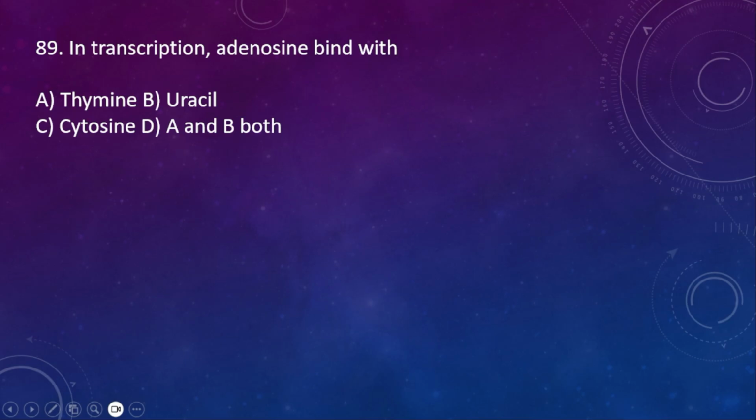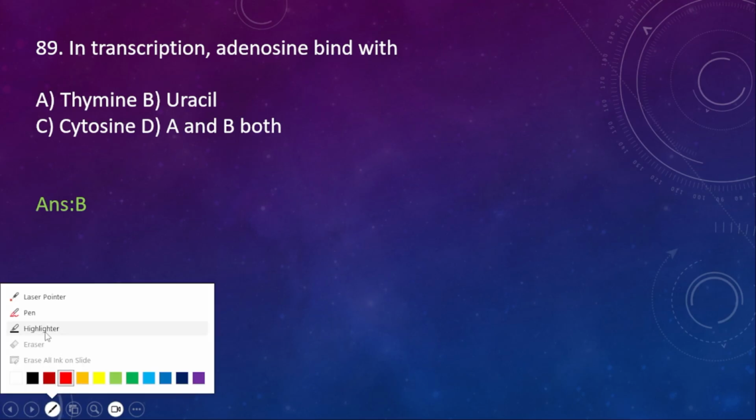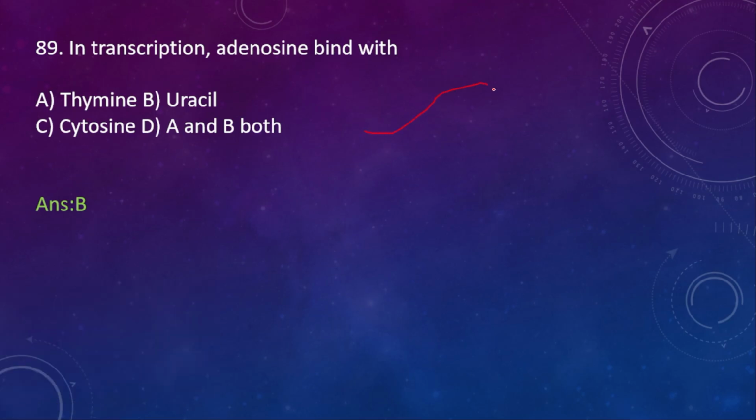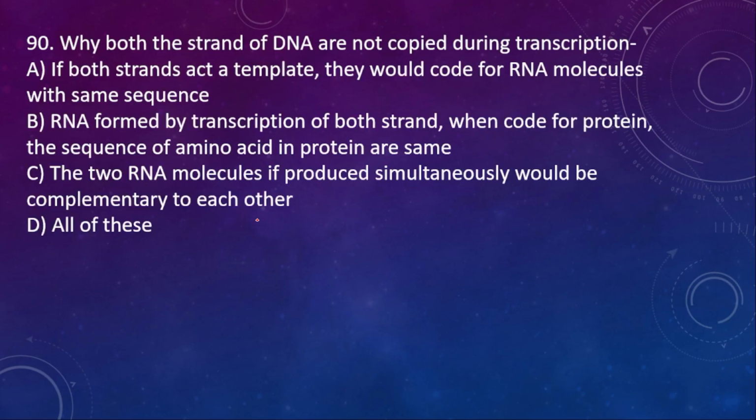Here the right option is uracil, because when the DNA is going to be transcribed, this is going to give you the mRNA. So if the DNA is having A, then on the mRNA you will get U, not the T, because RNA won't have thymine. Instead of thymine, it has uracil.